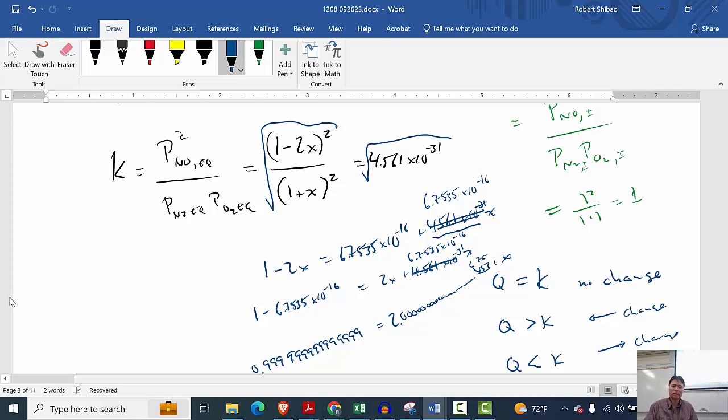All right. So let me try this again. So what I'm going to do is I'll do the left side first. 1 minus 6.7535 times 10 to the minus 16, divided by 2 plus 6.7535 times 10 to the minus 16.